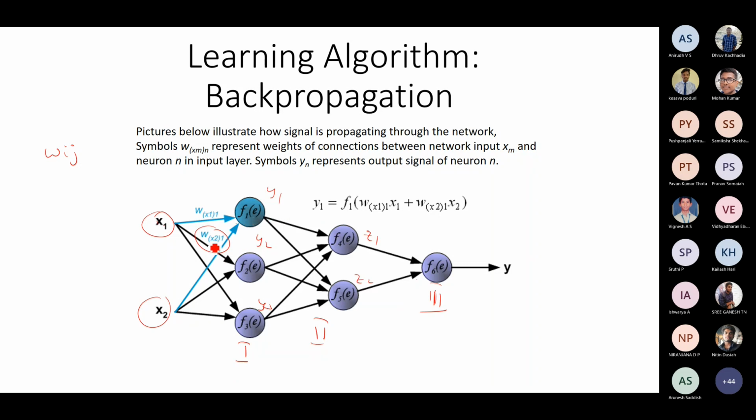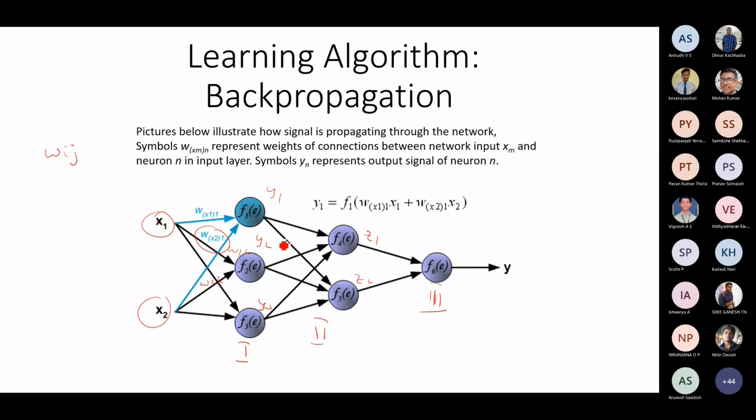Similarly, this will be W12 and this will be W22, operated upon x1 and x2, computed using F2 of E, and that will be called the output Y2.